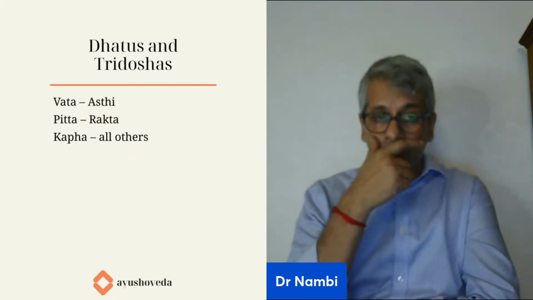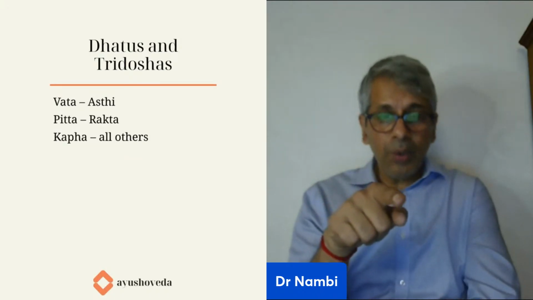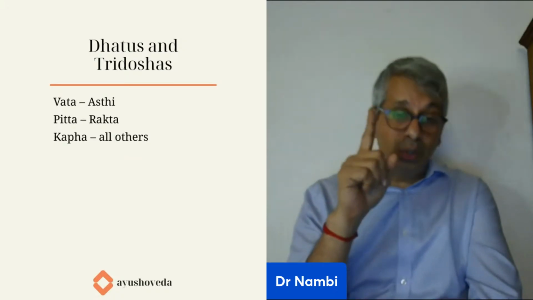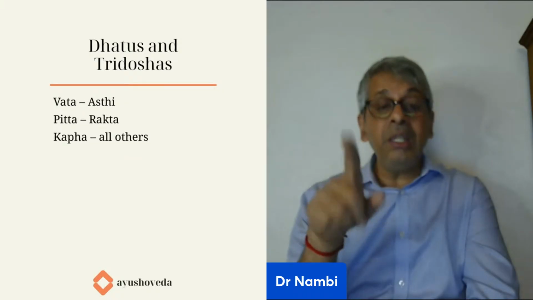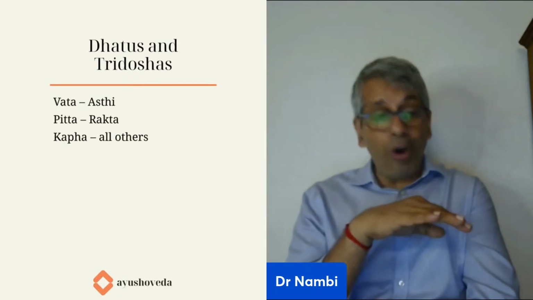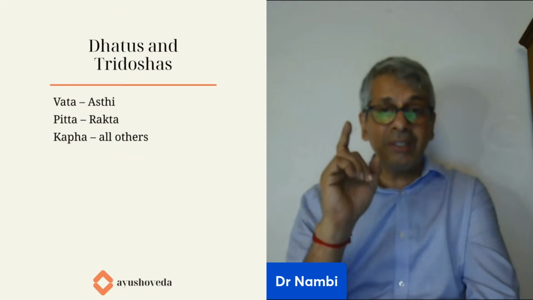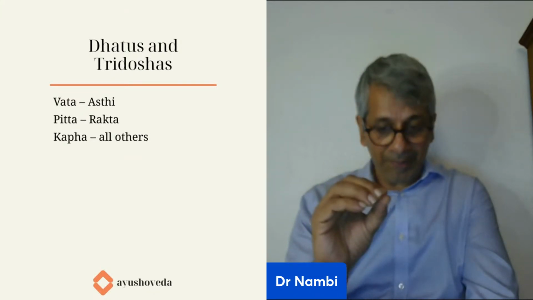But when you look at the dhatus, pitta is in rakta, though dosha wise it's also there in sweda. So in the dhatus, you have got vata in the asthi, pitta in the rakta, and in all the others, the rasa, mamsa, medas, majja and shukra, you have got kapha.